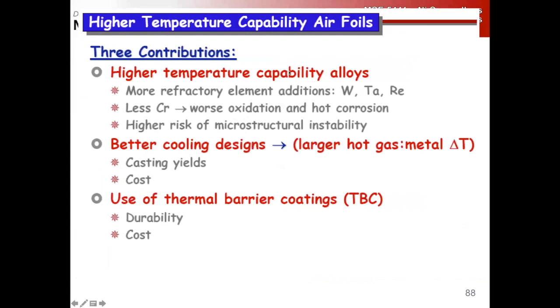So if we want to go to higher temperature capability of airfoils, we're running out of our ability to raise the surface temperature of the metal itself, right? People thought cobalt superalloys were going to be an answer to that because the melting temperature of cobalt by itself was so much higher than nickel, and even though it weighed less, sorry, it costs more, but who cares about cost?